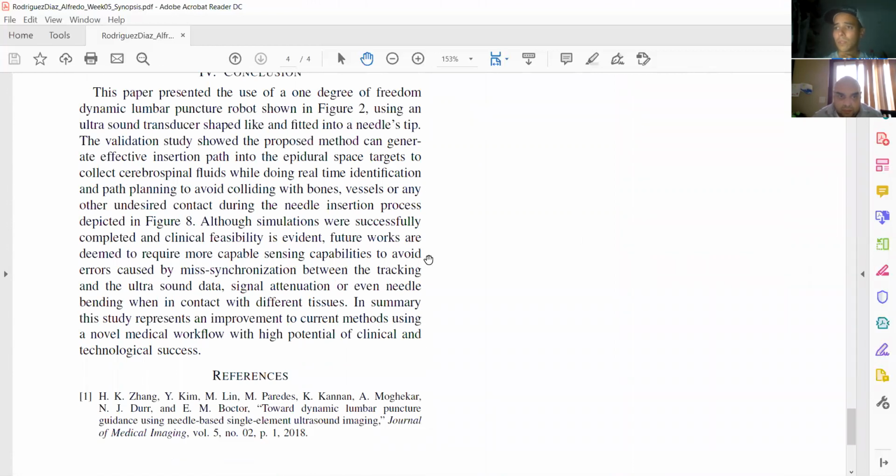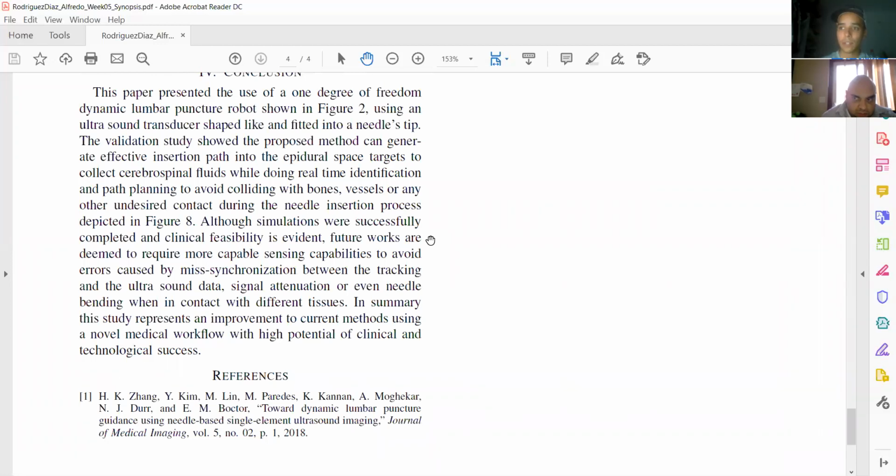Like I mentioned before, although the simulations were completed and the clinical feasibility is evident, they highlighted that all they need to do right now is use more sophisticated technology to run the same method, the same test. So I guess that will be the next step for this particular invention.